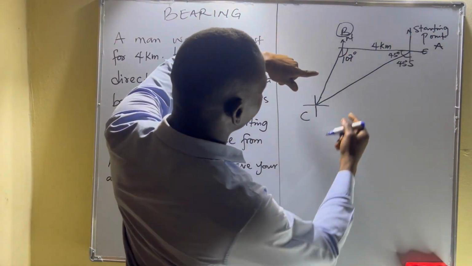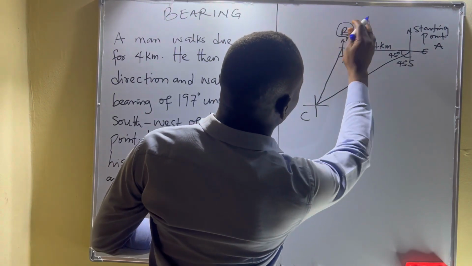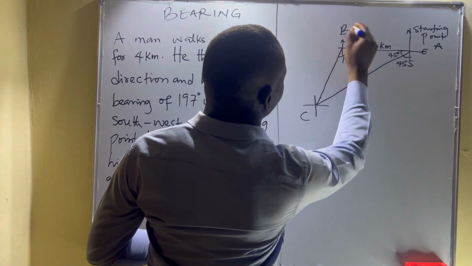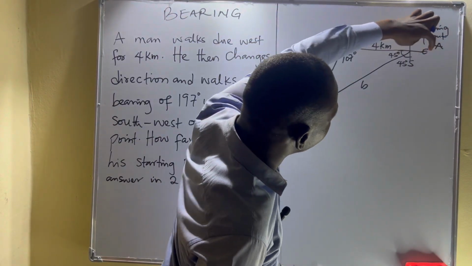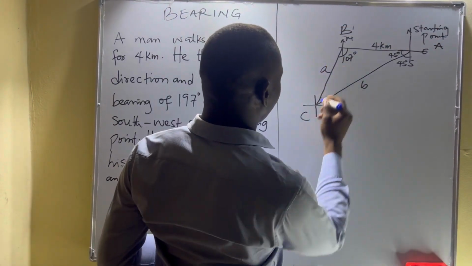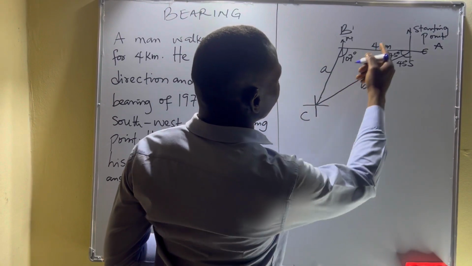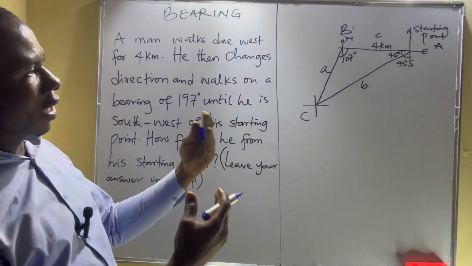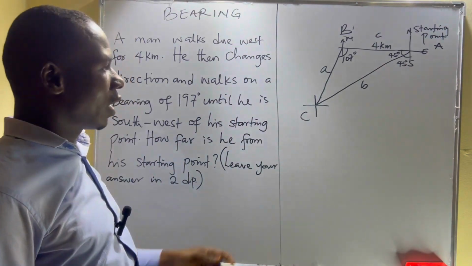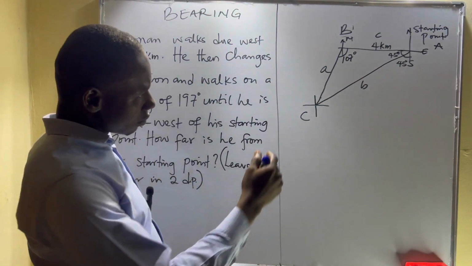As this point is B, let me call this one small b. This point is A, let me call this one small a. As this point is C, let me call this one small c, so that I can use the sine rule and figure out the solution.